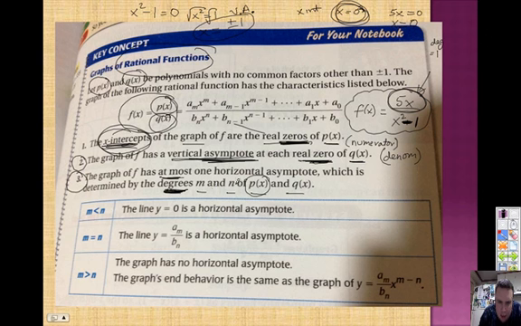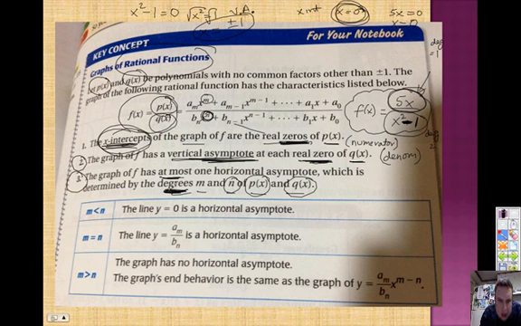Find the degree of n. N is the degree of the denominator. M and n: the highest degree of the numerator is m, which is 1. What's the highest degree of q of x, the denominator? Well, x squared, so the degree is 2. So the degree of the top is 1, the degree of the bottom is 2.